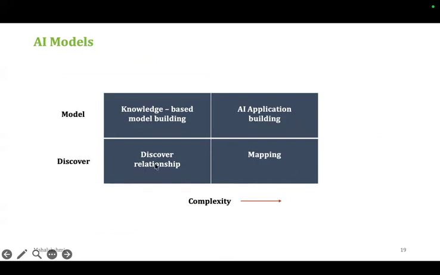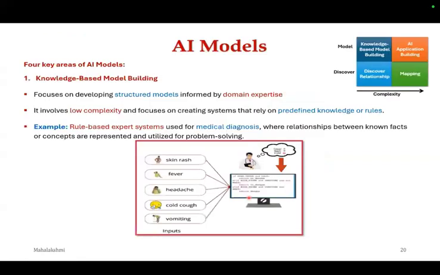If the discovery relationship has low complexity, when complexity increases, the discovered knowledge is called mapping. And for model-based knowledge, when complexity is less, it is referred to as knowledge-based model building. With more complexity, the same model building could be called AI application building.